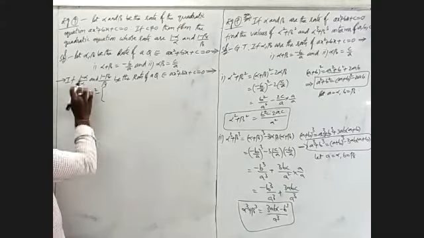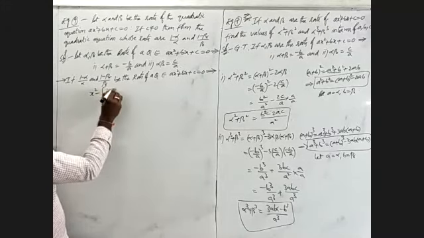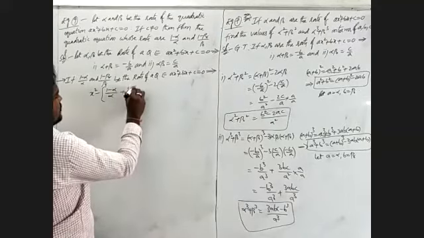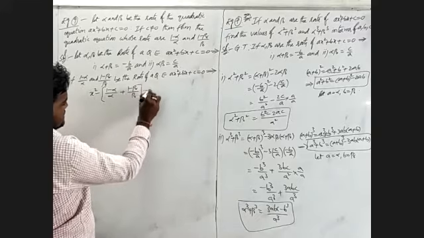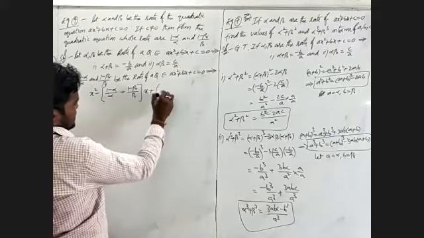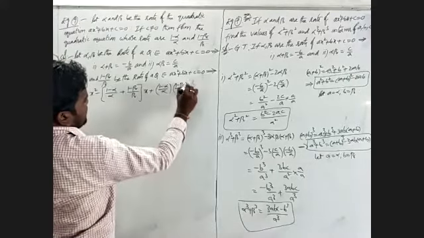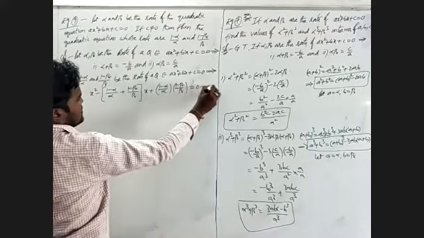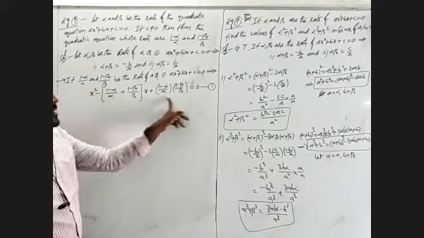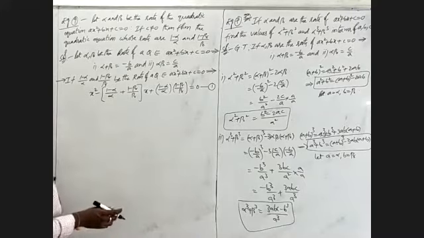Here alpha is nothing but 1 minus alpha by alpha, and beta is 1 minus beta by beta, so x square minus (1 minus alpha by alpha plus 1 minus beta by beta) into x plus (1 minus alpha by alpha into 1 minus beta by beta) is equal to 0. This is equation number 1. First we'll find the sum, after that the product, and finally we substitute in 1 to form a quadratic equation.